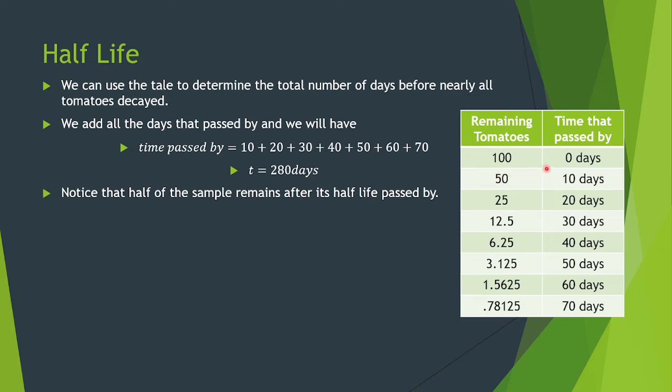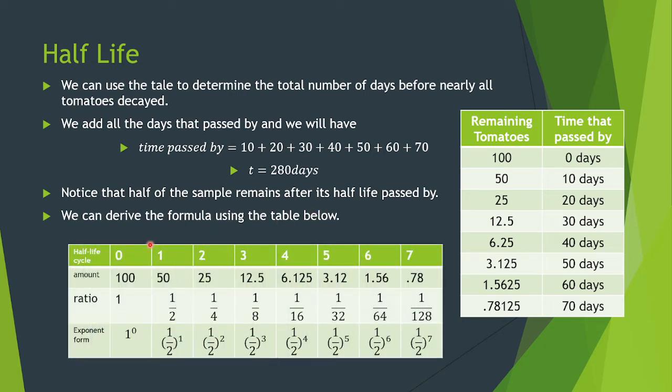For example, after 10 days, which is the half-life, only 50 tomatoes were left from the original number of 100, and the pattern continues to progress in that fashion. We can derive a formula using the table below. The half-life cycle is tabulated right here.